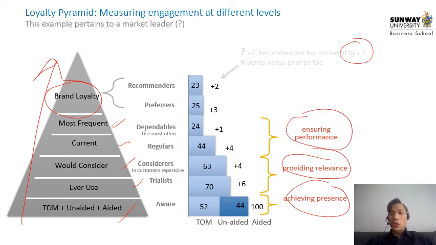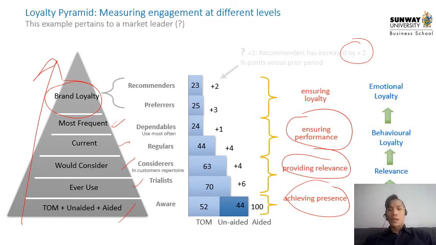This is what we call the strategy. And finally, locking them in terms of loyalty. So this is how the salience of the brand becomes stronger and stronger until it becomes an emotional loyalty and the connectedness of the brand with the consumers.